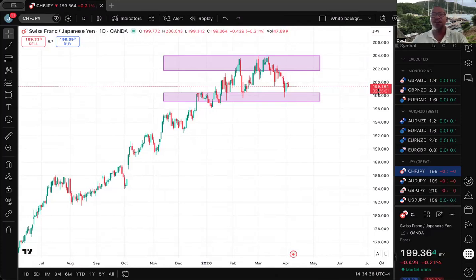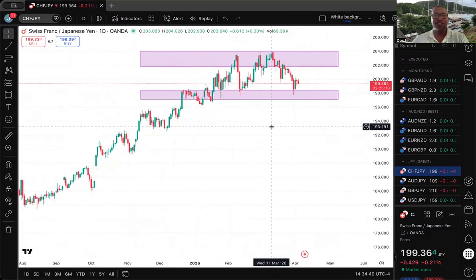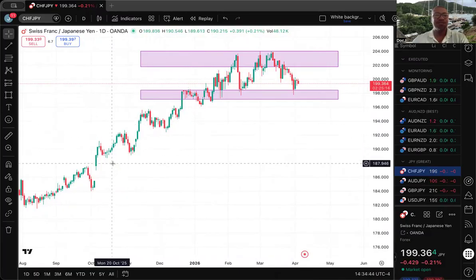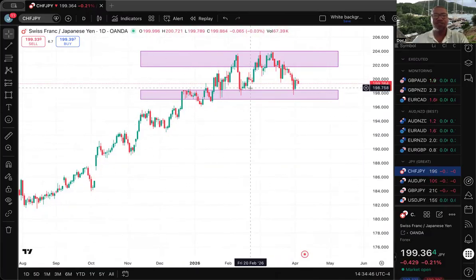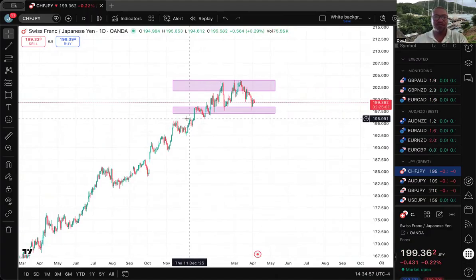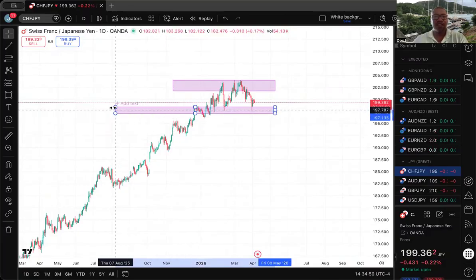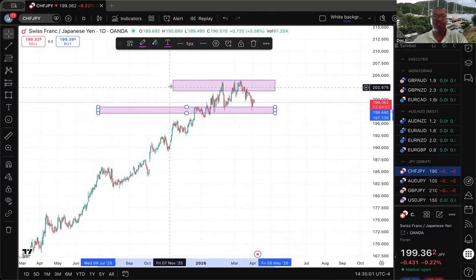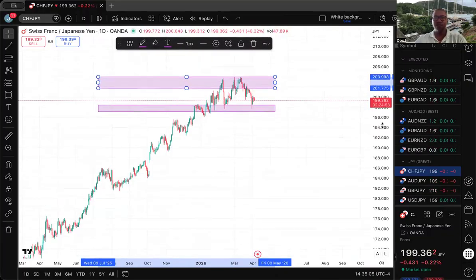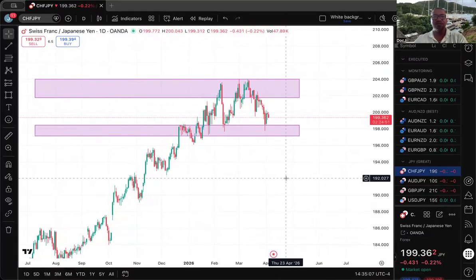Now, all of this happens in conjunction with our support and our resistance. There are major areas of support and major areas of resistance, and price usually moves from one area to the next.